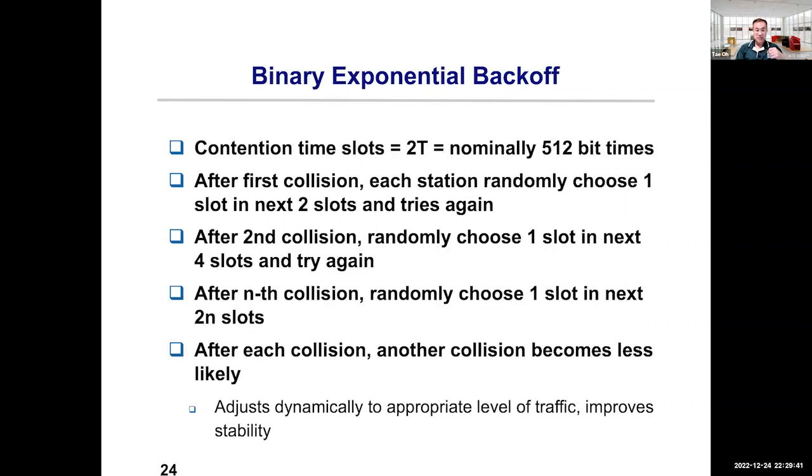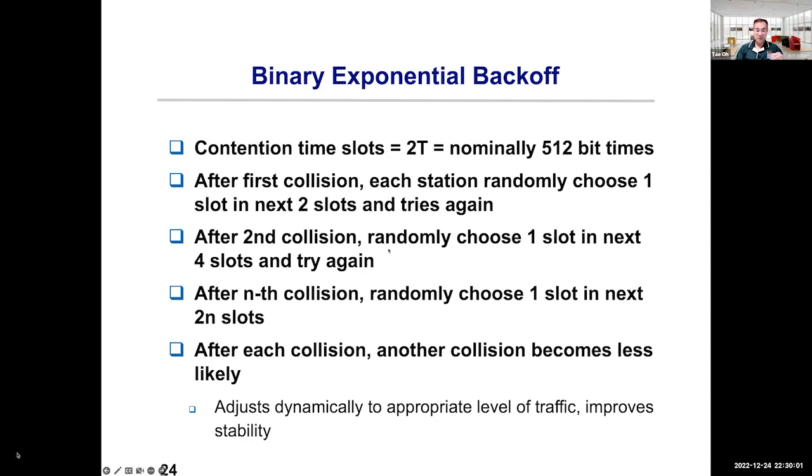So when you talk about binary exponential backoff, the contention time slot equals 2t, nominally 512 bit times. After the collision, each station randomly chooses one slot from the next 2 slots and tries again.